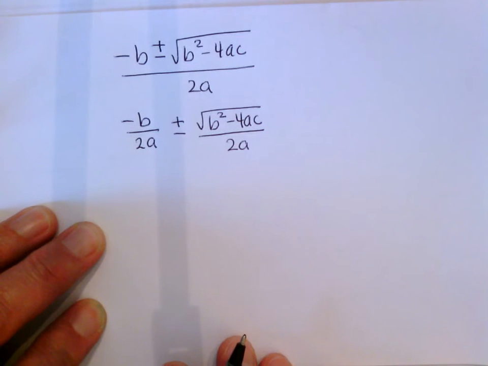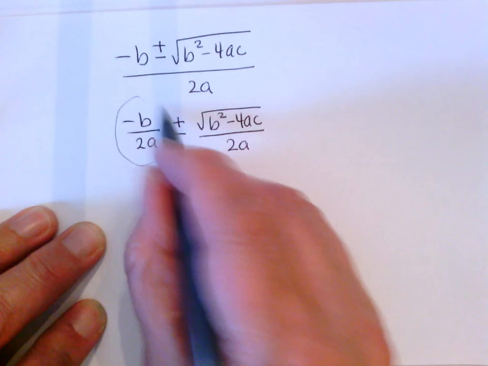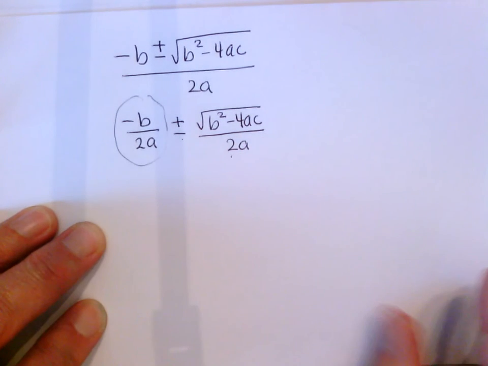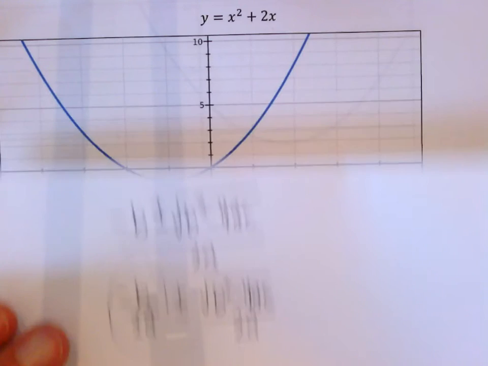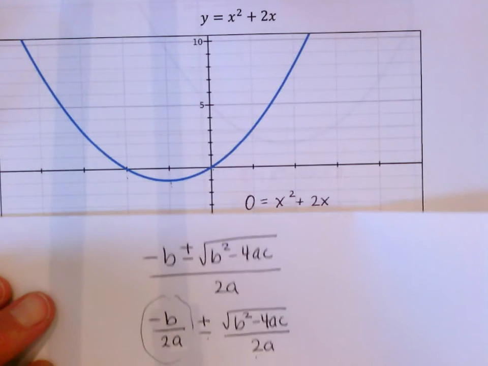Okay, so the two x-intercepts are some number plus something and minus that same thing. Let's think about how that is related to the x-intercepts and the turning point.